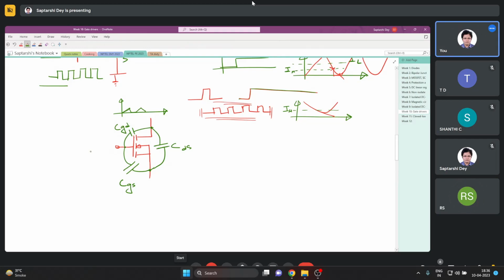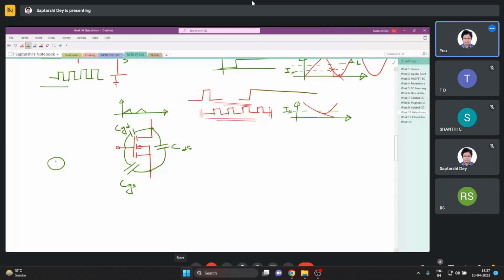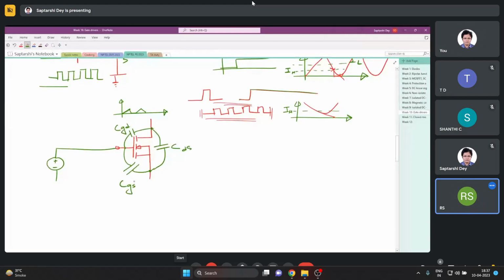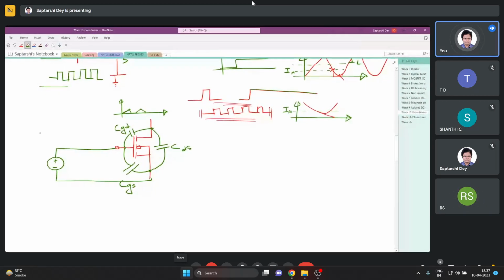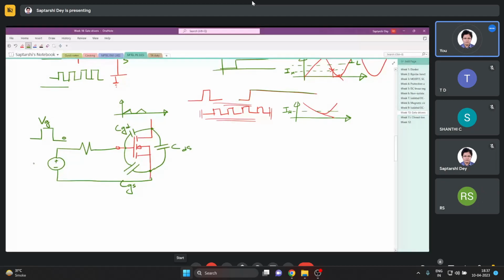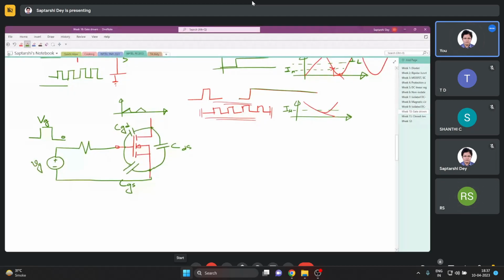So we have, say, a voltage source which switches between gate voltage and zero voltage. Now when this VG is high, it charges this capacitor.